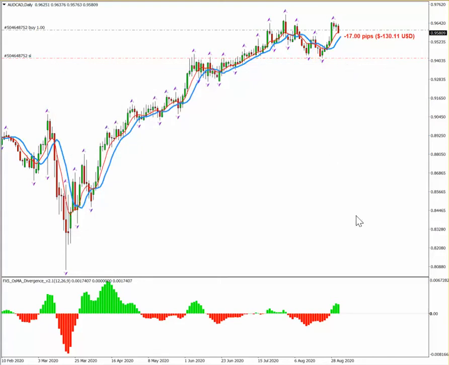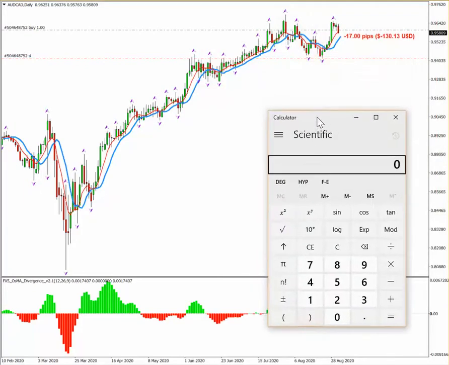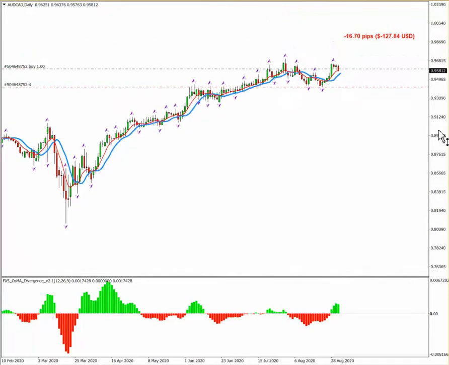Now, how do we calculate the take profit? Basically, take the calculator and we take 1800 times 1.5. That's 2700. So that's going to be our target, 2700.